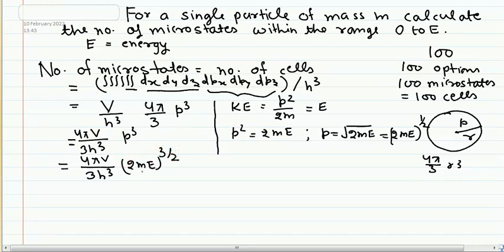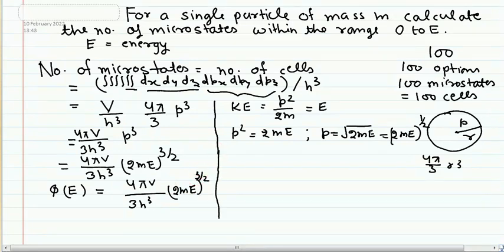So this is the number of the microstates, and we can write it as phi E, which is equal to 4 pi V divided by 3h cube into (2mE) to the power 3 by 2. So this is the answer of the question.